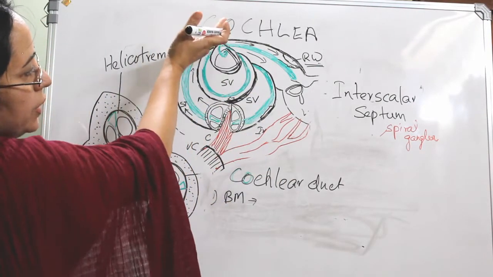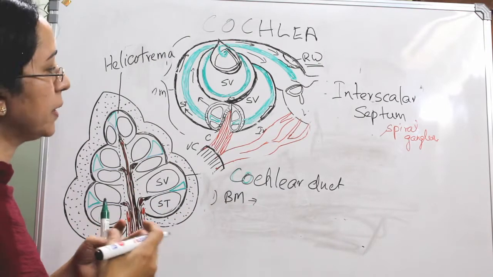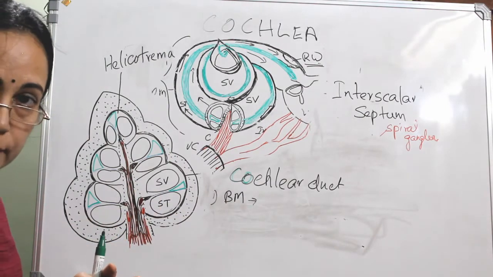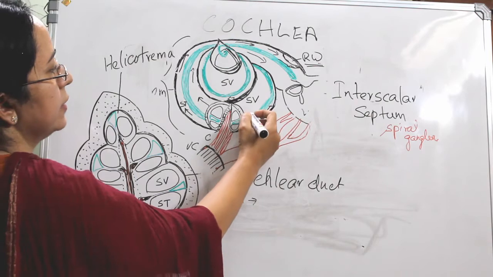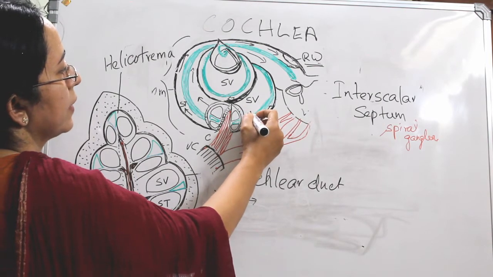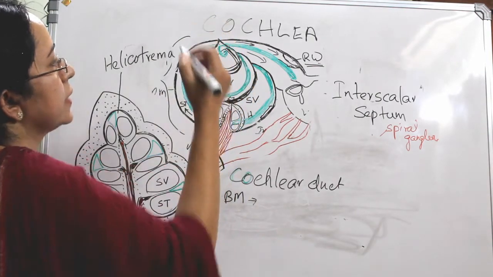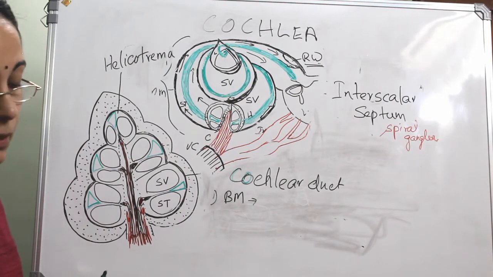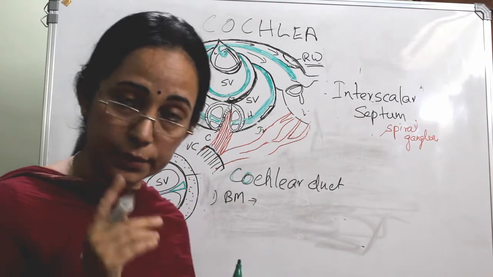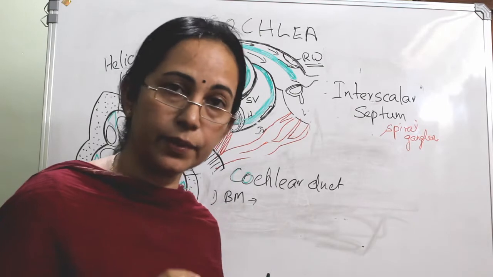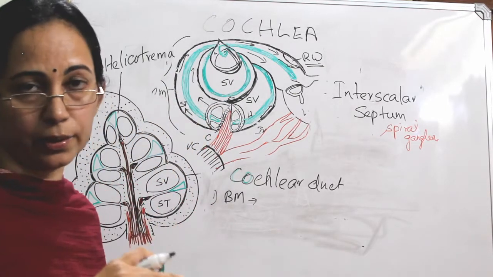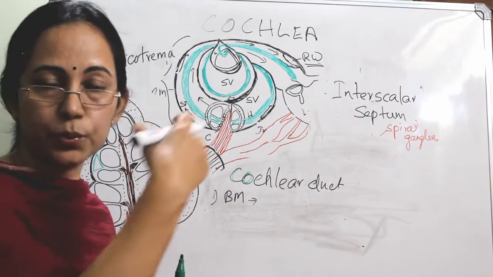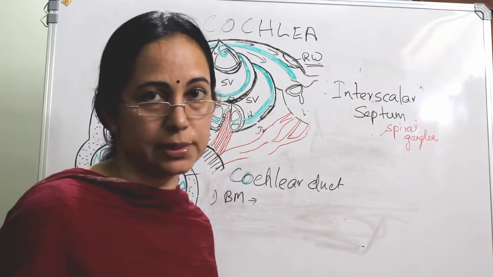From here to here the length of the basement membrane increases, so that higher frequencies are heard in the basal turn and lower frequencies are heard in the apical turn. That you have to remember. The higher frequencies are heard in the basal coil, and towards the apex the lower frequencies are heard.